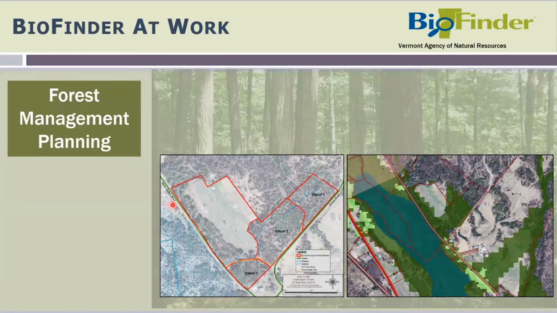You can kind of see it over here in the stand map, but what I see here is that what happens in this property is bound up and related to what's happening in all of these other properties around it. So BioFinder can give you that context for how your land interacts with the land around it. It'll get you beyond that parcel level thinking.